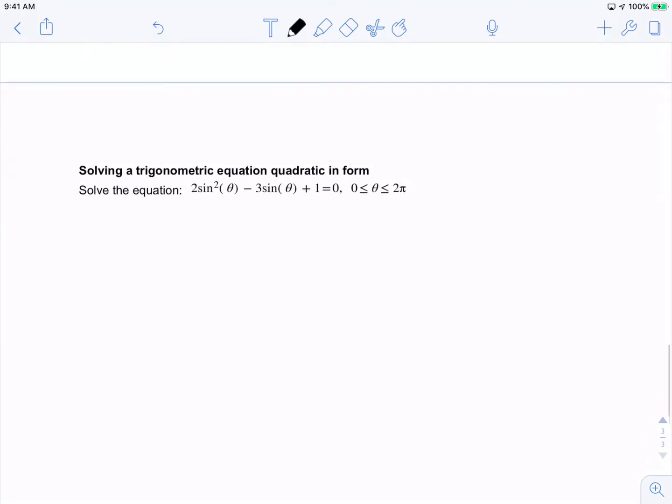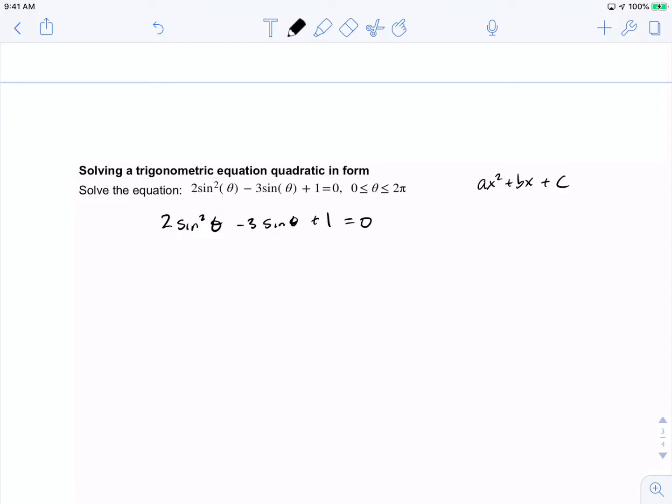Now solving these problems, again, we see a restriction of one full loop. And we can see this as being in a quadratic form, like ax squared plus bx plus c. And so it's factorable. So I'm getting 2 sine squared theta minus 3 sine theta plus 1 is equal to 0.